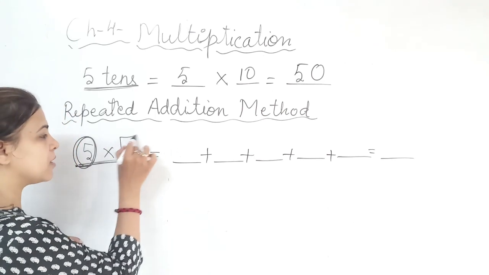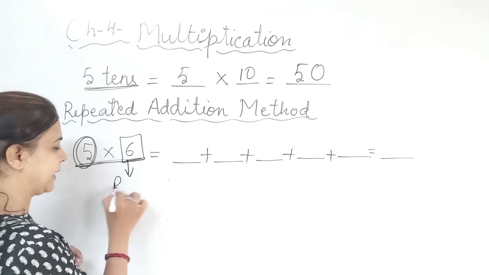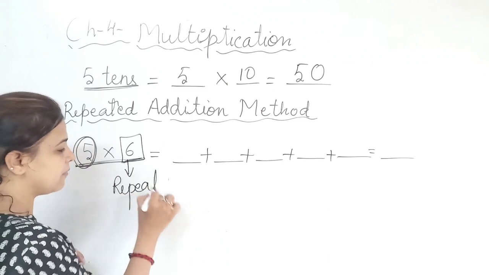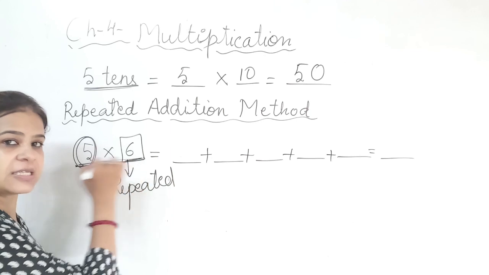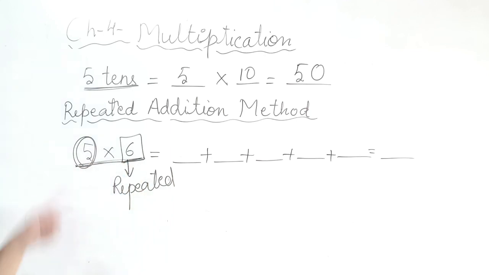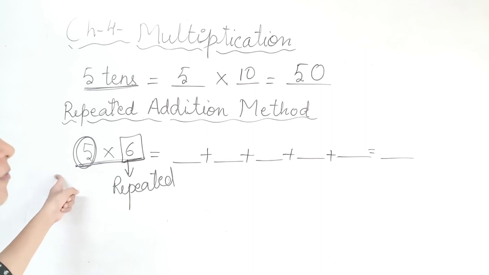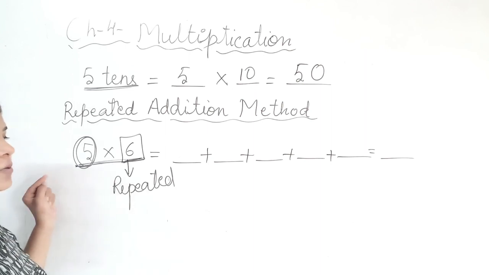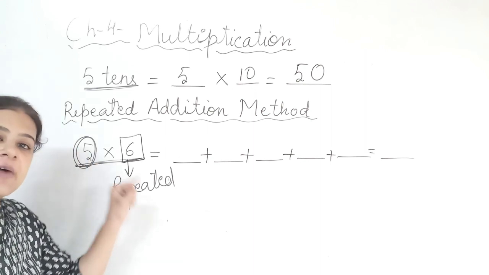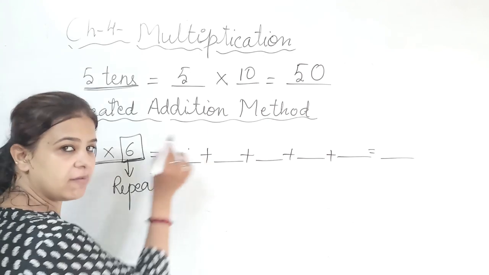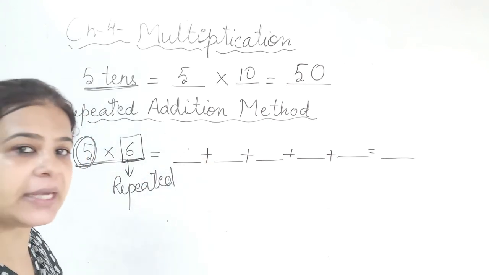So this number will be repeated. Which number will be repeated? This 6 will be repeated, and how many times? It will repeat 5 times. How many times will it repeat? It will repeat 5 times. So what number will I write? Which number is repeating?